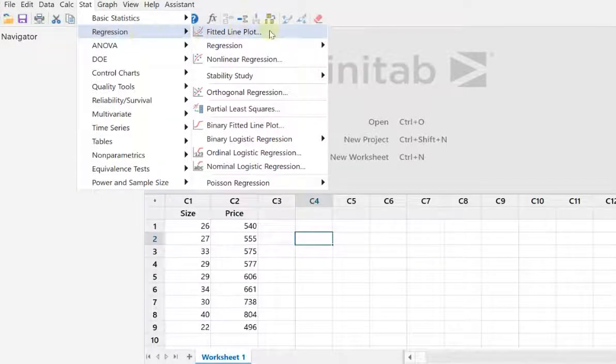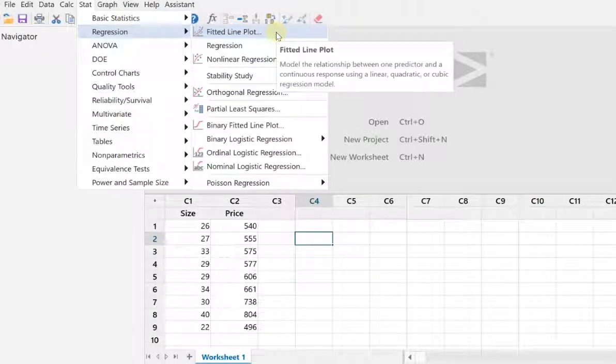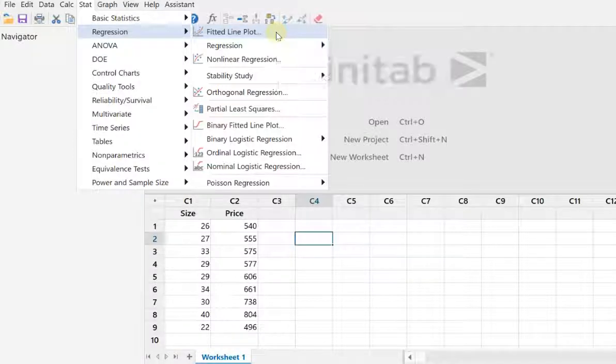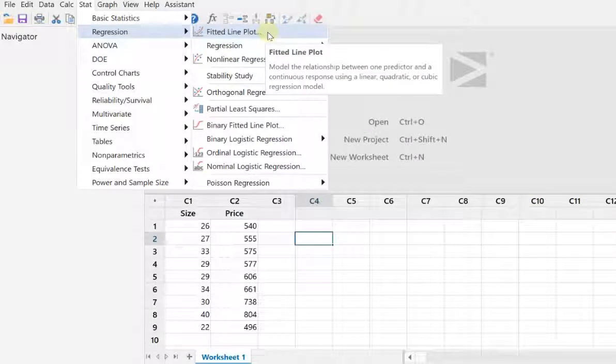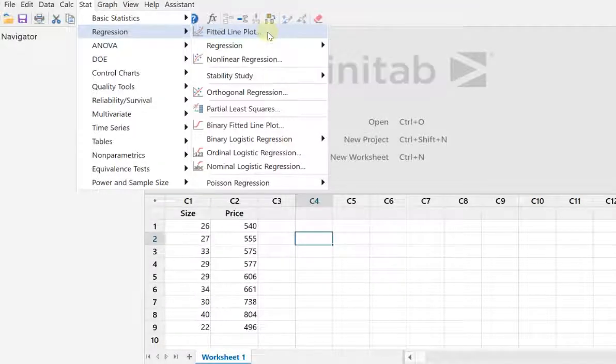The one that we actually look at is Fitted Line Plot. There you go. This one models the relationship between one predictor, that's the x, and a continuous response using a linear, quadratic, or cubic regression.